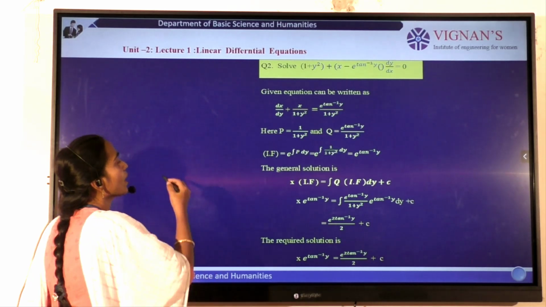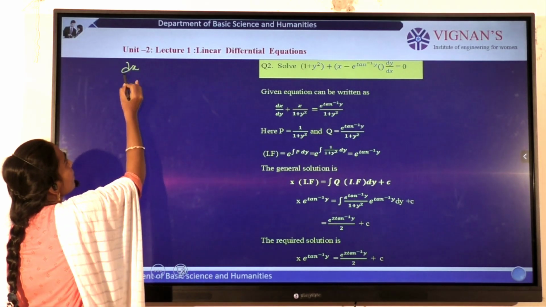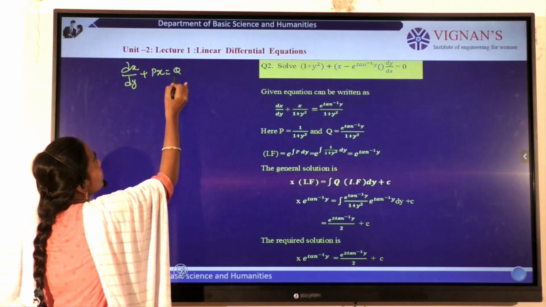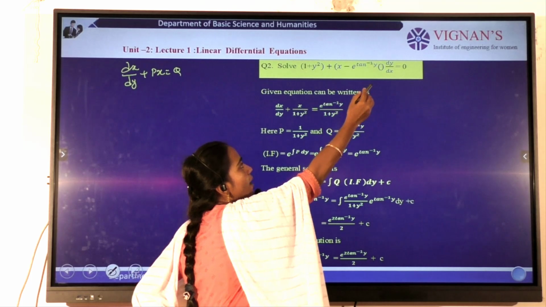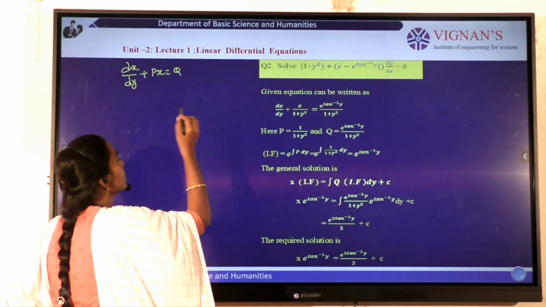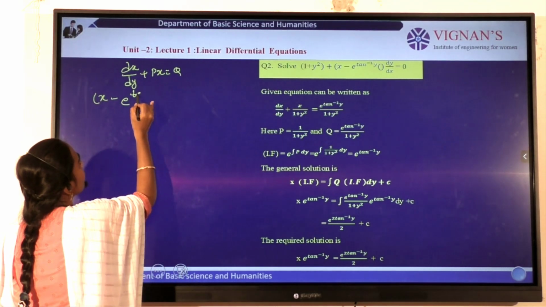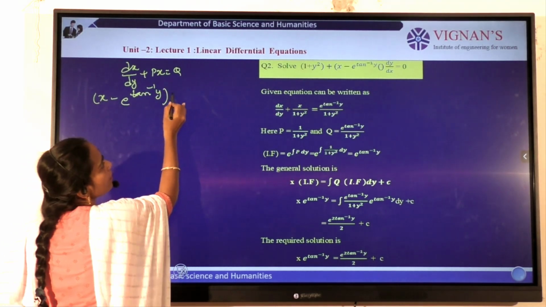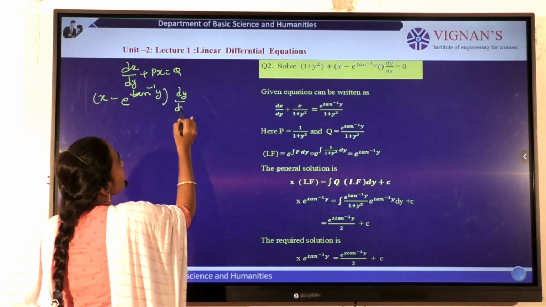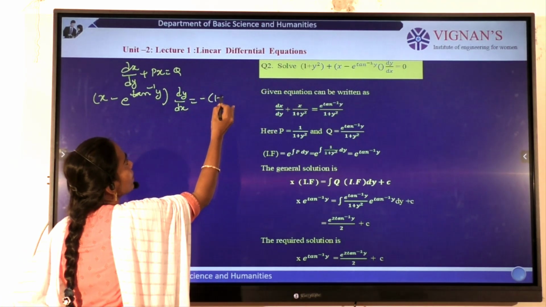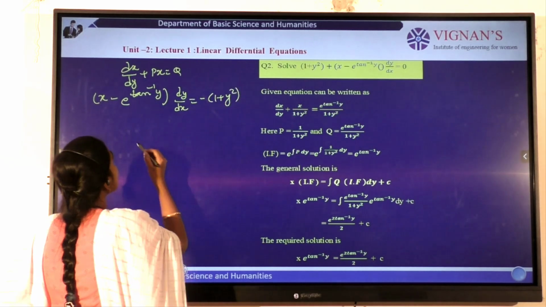For that, we have to convert it into the general form: dx by dy plus px is equal to q. First, we have to find dx by dy. Let us write the equation as x minus e power tan inverse y into dy by dx is equal to, taking 1 plus y square to the right hand side, minus of 1 plus y square.